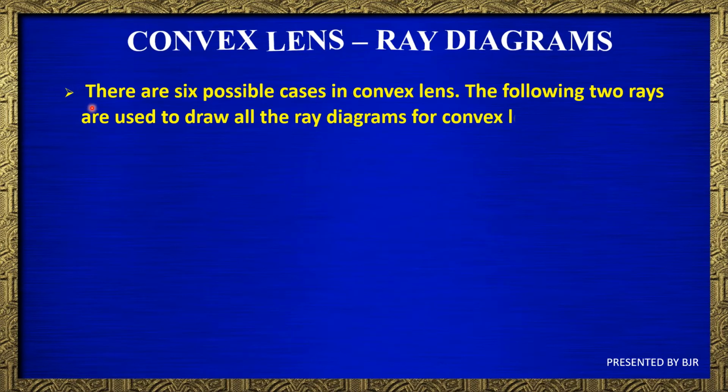So there are 6 possible cases in convex lens, and in all the 6 cases I am going to use only these 2 rays. The following 2 rays are used to draw all the ray diagrams for convex lens. You can take any of the 4 rays I already explained in the previous video to draw the ray diagrams for convex and concave lenses.